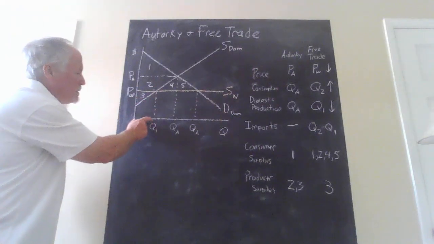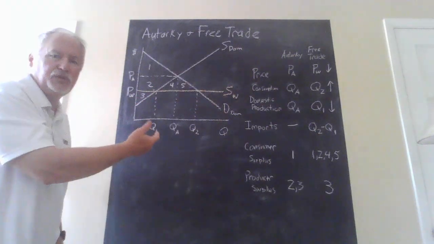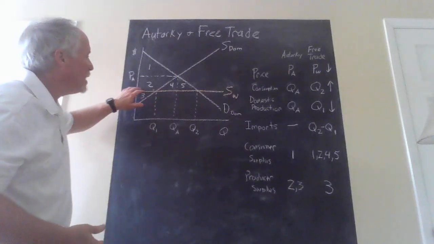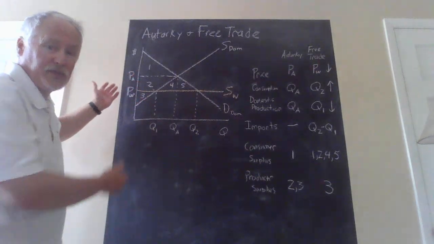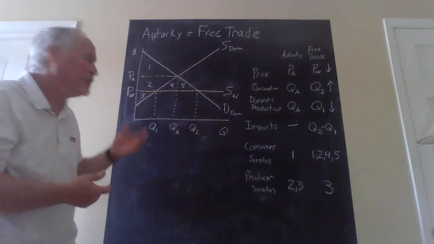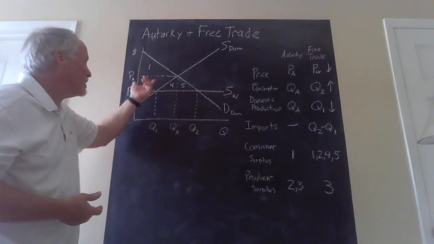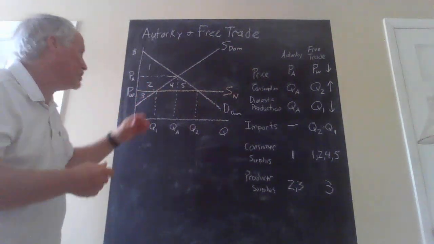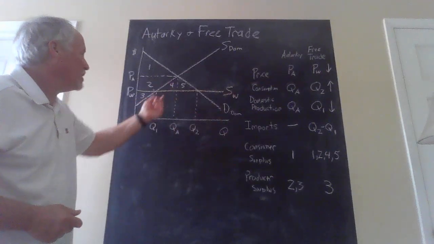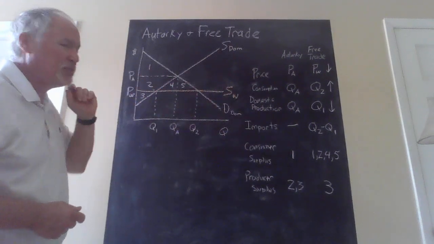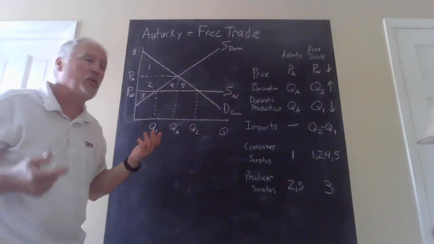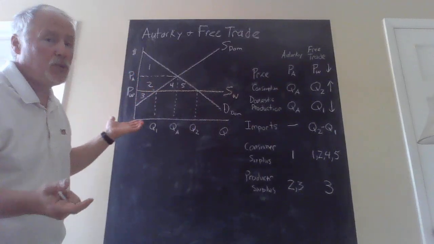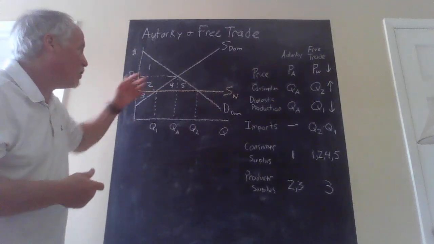These units, up to Q1, would still be produced domestically, but domestic suppliers have to supply them at a lower price. They have to compete with the world price of PW. So they still are willing to supply these units and sell them at a lower price, so consumers get the surplus, not the producers. And then these units here, they were being produced domestically, now they're being imported, but at a lower price, so consumers get the surplus that was going to producers.